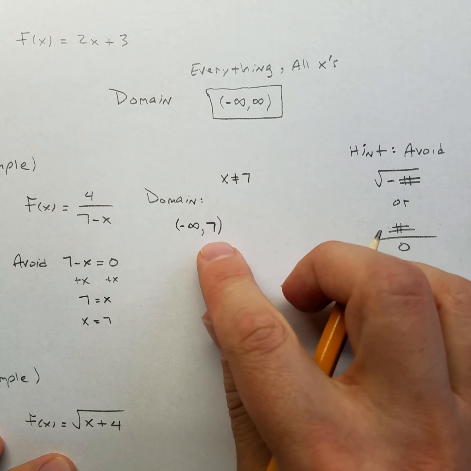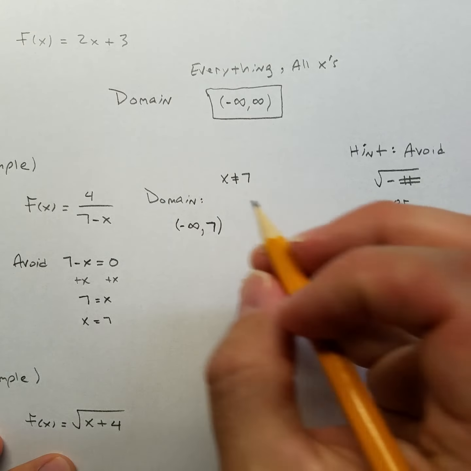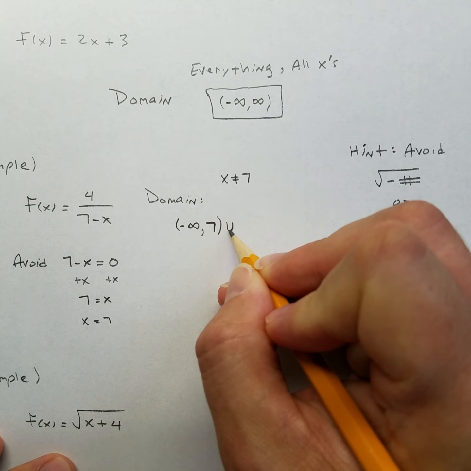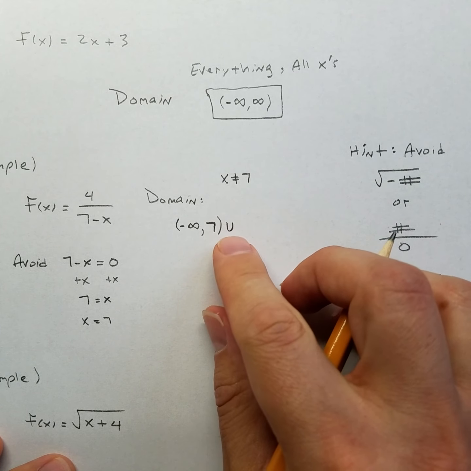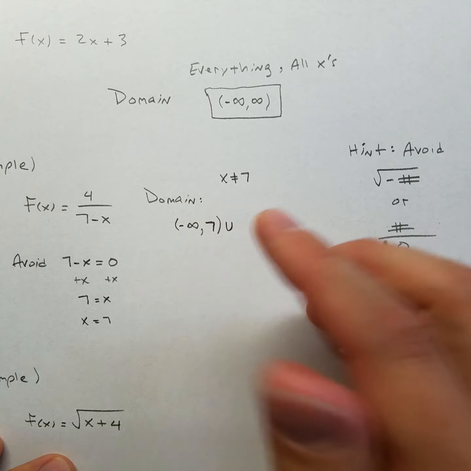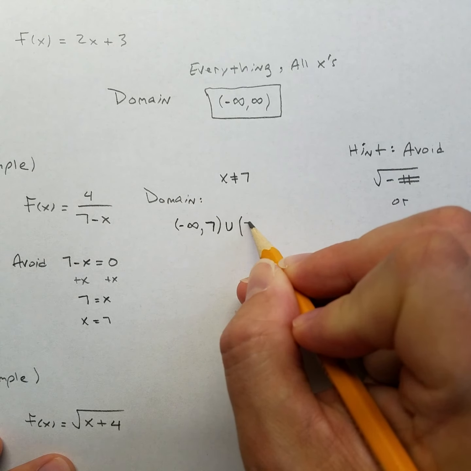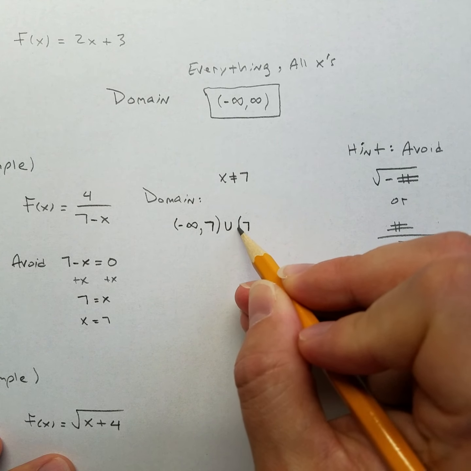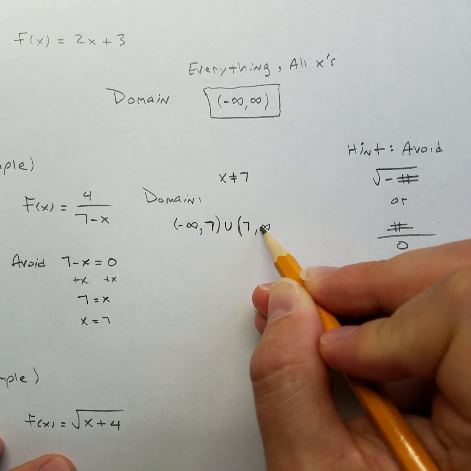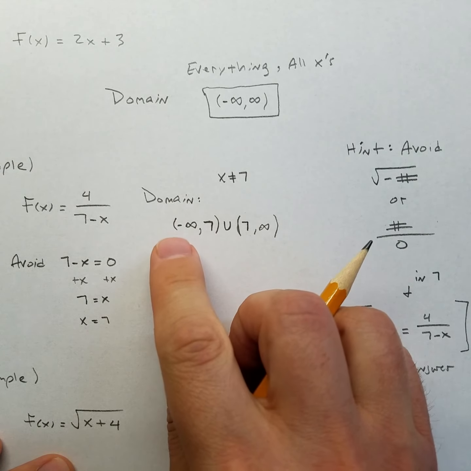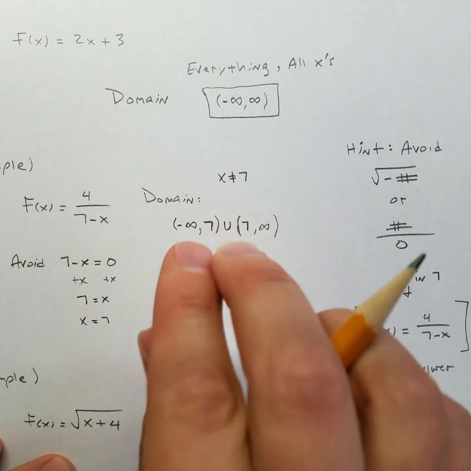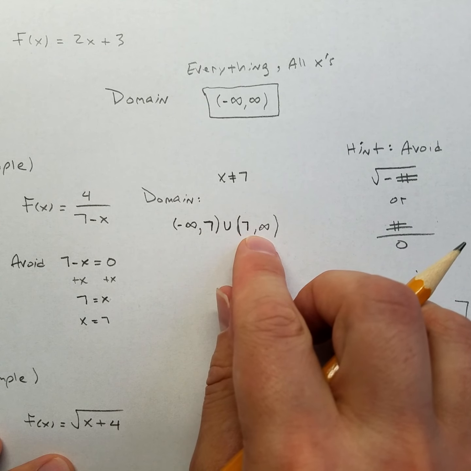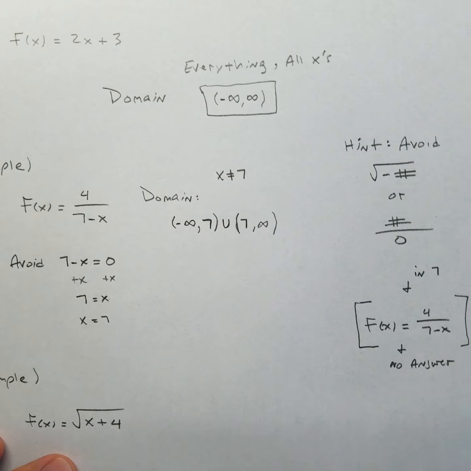Remember, the parentheses means that number is not included. Then we put this symbol, the union symbol, which is like saying pick back up at 7, but again, don't include it. That's a parentheses, and then go to forever. So it's like from negative forever to 7, skip over the 7, pick back up, and go to infinity.